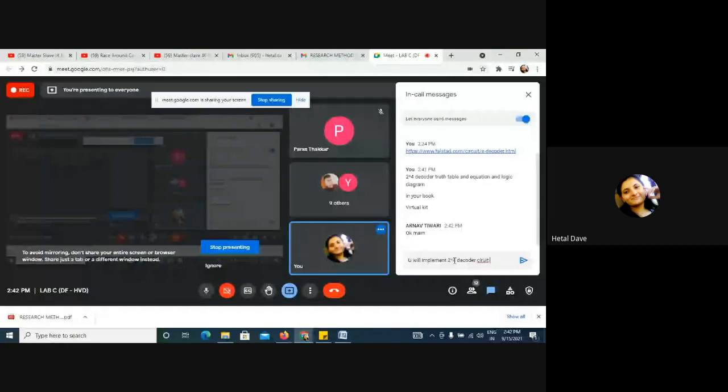You need to verify the output of the virtual kit with your book truth table.